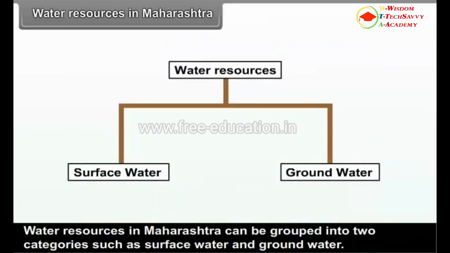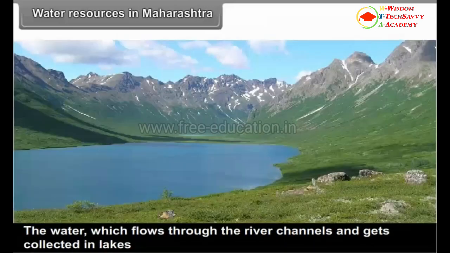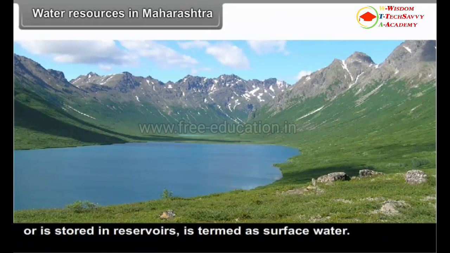Water resources in Maharashtra can be grouped into 2 categories: surface water and groundwater. The water which flows through the river channels and gets collected in lakes or is stored in reservoirs is termed as surface water.